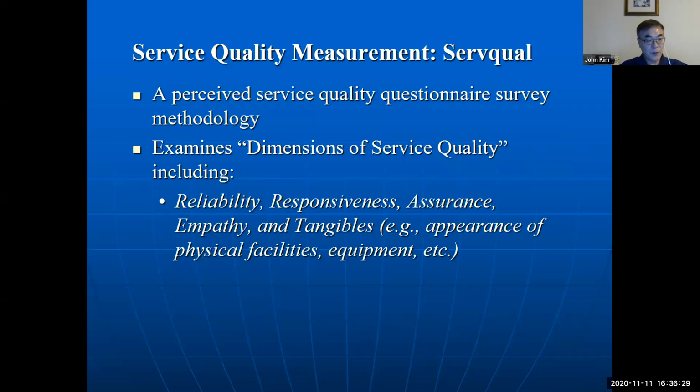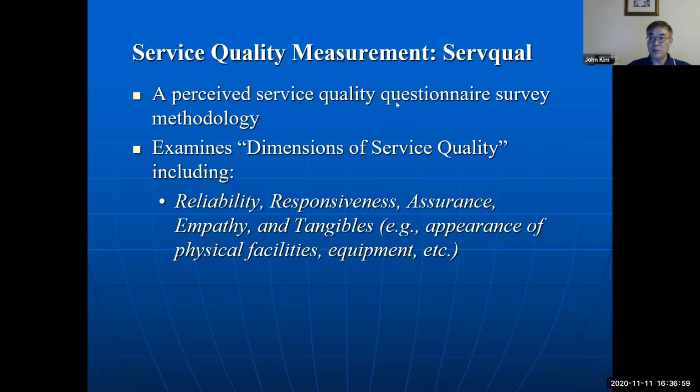And next one, so far we talked about product or manufacturing item quality, but how about service quality? Service quality we can't measure using numbers or attributes, so instead we use a survey and ask the customer.